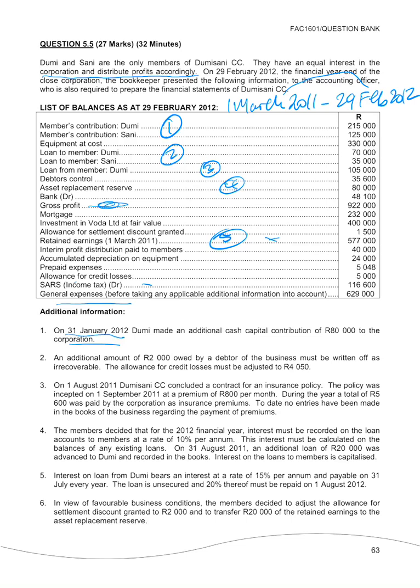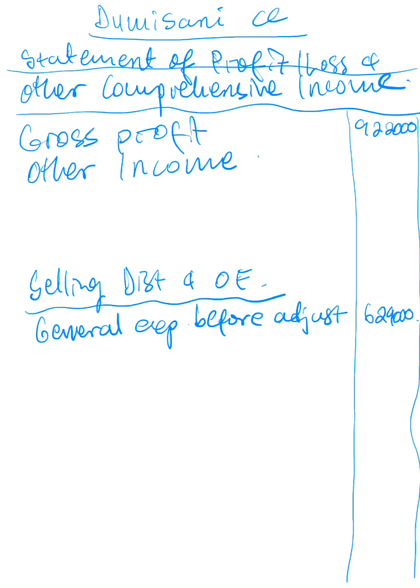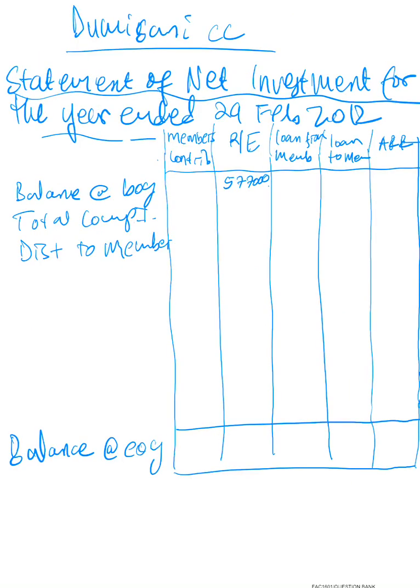So the capital contribution will obviously go to the members' contribution. They said he contributed how much? 80,000.